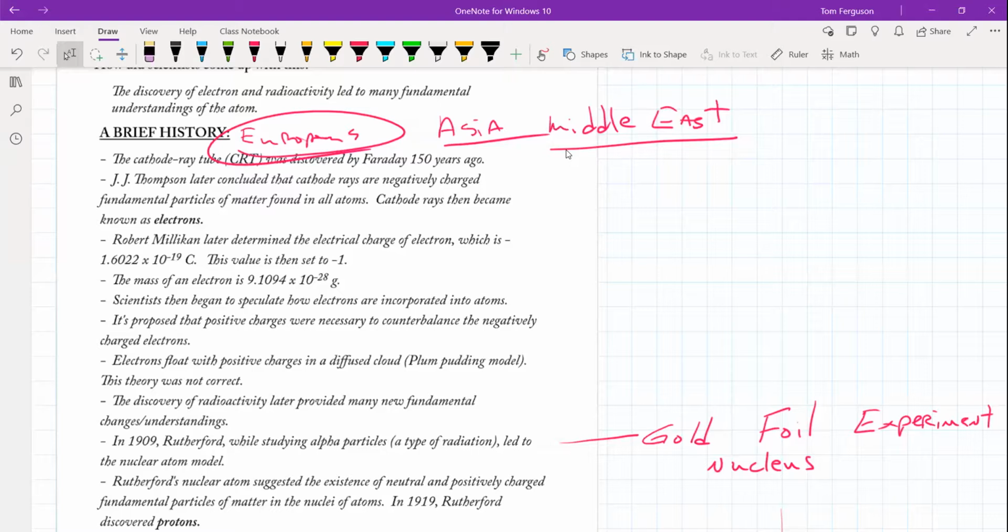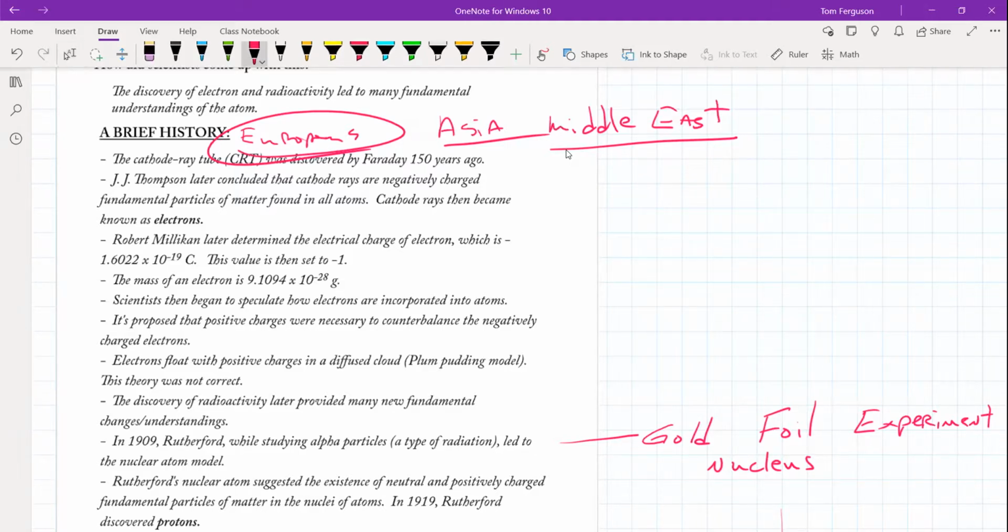But Faraday, about 150 years ago, discovered that if you could shoot these fundamental particles found in all atoms onto the cathode ray tube, it lit up. They were negatively charged, and they were considered fundamental particles. Later, they named them electrons. Millikan later on determined the charge of the electron.